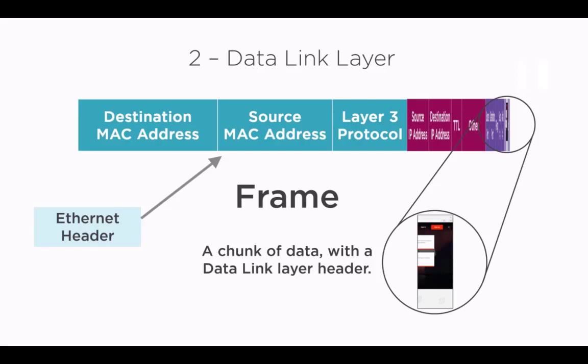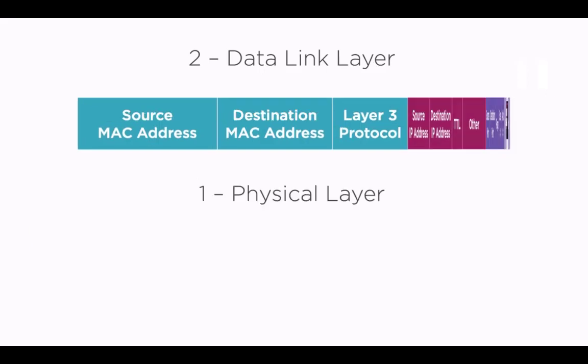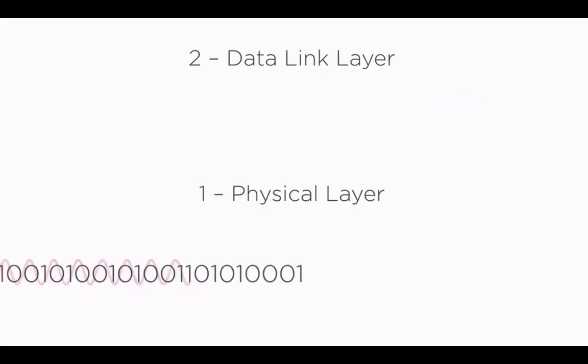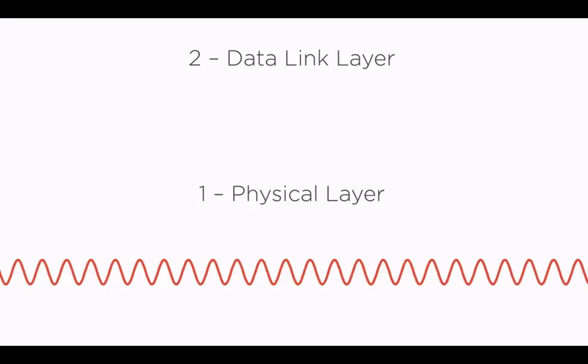Now the second layer hands over its data to the first layer, which is called the physical layer. In the physical layer, the data is transmitted as zeros and ones, because data is transmitted in the form of binary, and on the physical layer this binary data is converted into an electrical signal, which passes over the Ethernet cable or copper cable, or if we are using fiber optic, it will be transmitted as light.